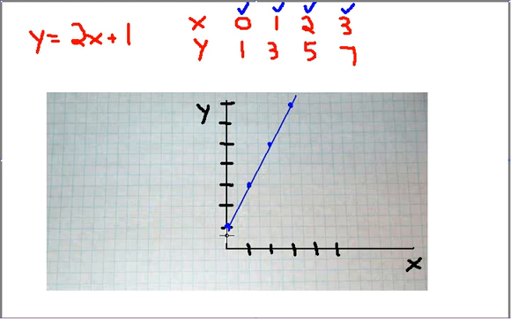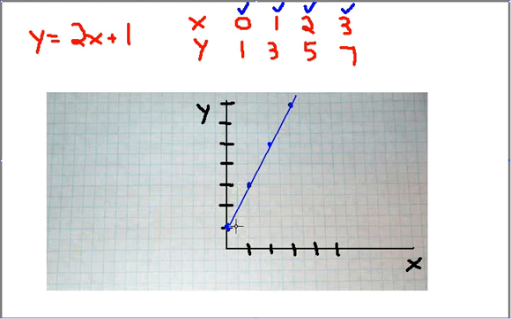Well, the question then is, how is this any different from a direct variation? In the previous lesson, we took a look at the direct variation, and it also was a straight line. So what's the difference between a direct variation and a linear function?